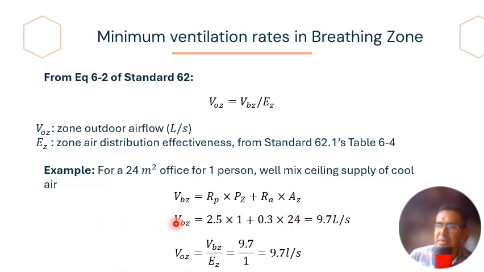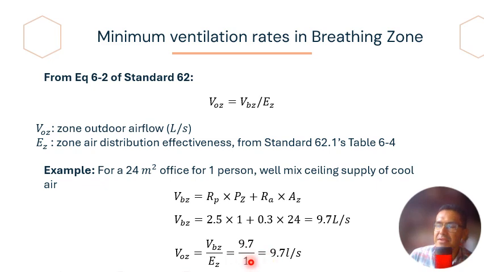Then the ventilation rate in the breathing zone from outdoor air is this value here. But then, to relate it with the quantity of ventilation from outdoors that should come to our system, this value here of the effectiveness is taken from the tables in 6.4 and is 1.